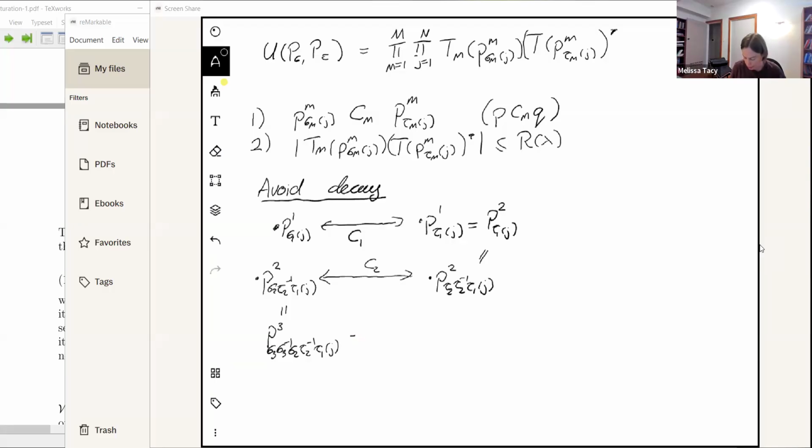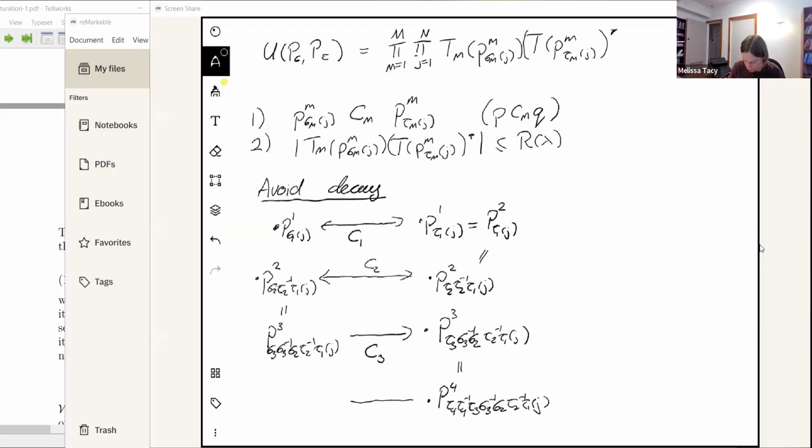Now I connect that one through by condition 3. So this comes over to the tau side, and that's P3 tau 3 sigma 3 inverse sigma 2 tau 2 inverse tau 1 of j. Now I'm picking up this pattern as I move through my loop. If I go for one more, P4, I have tau 4 inverse sigma 3 inverse sigma 2 tau 2 inverse tau 1 of j.